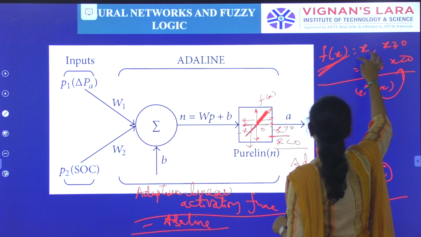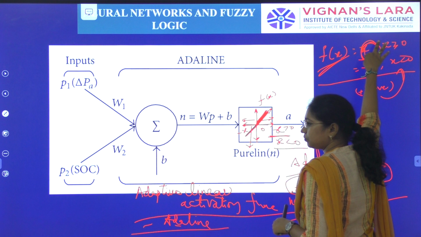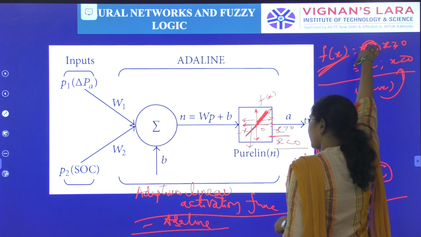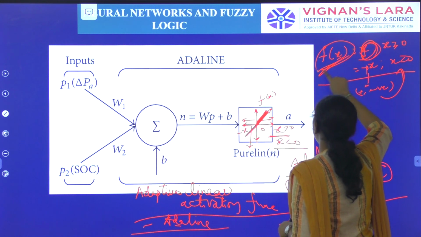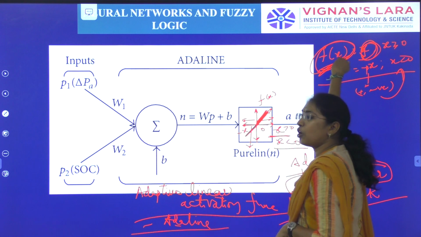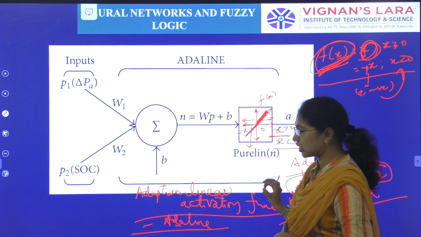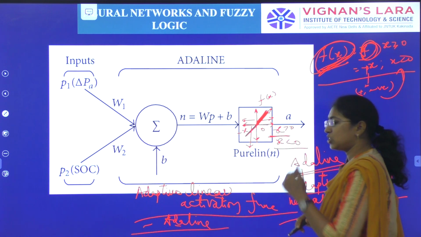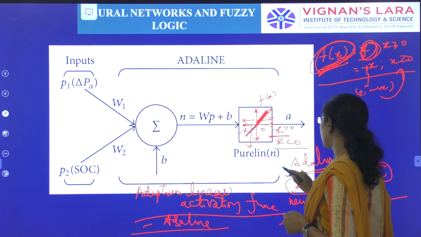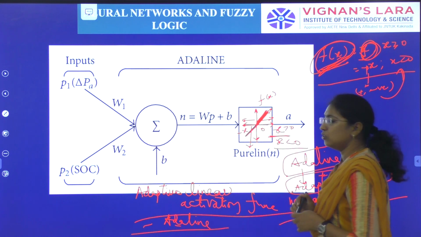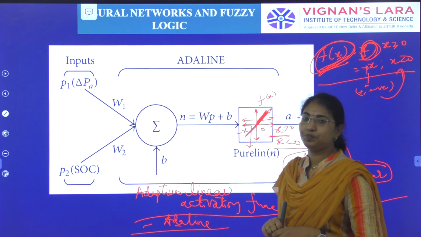So that is called the linear activation function. Whatever the x-net value may be, that x-net value will be obtained as the output of this linear activation function, or as the output of the adaptive linear neural network.